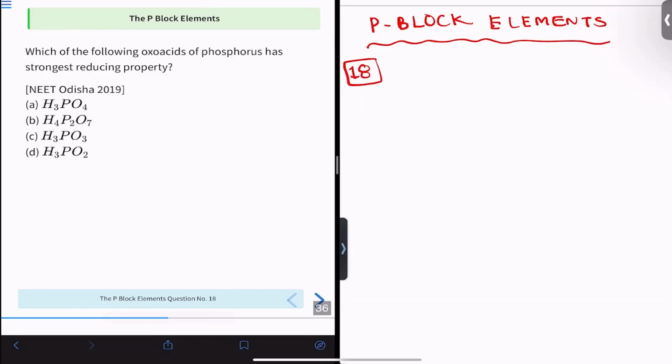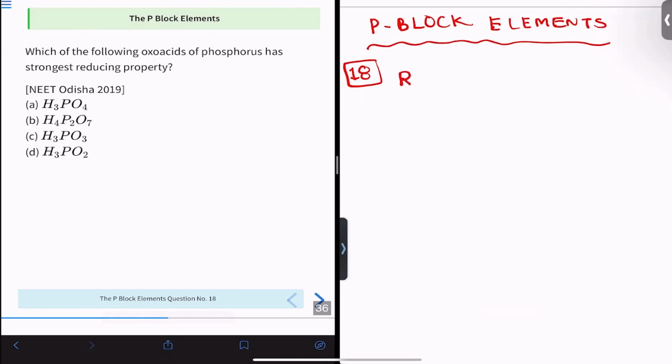What do you mean by reducing property? First, then we'll come to the question. Which element will have reducing property?